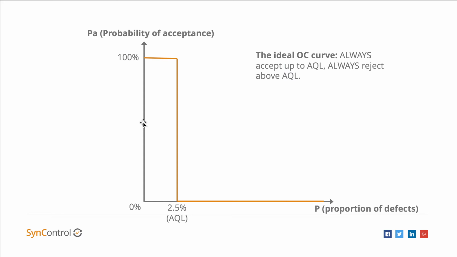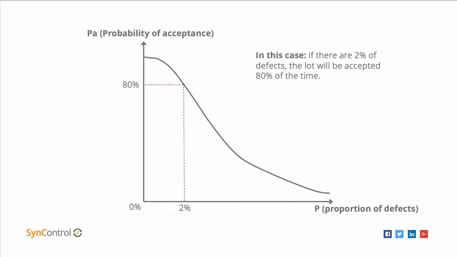Ideally, if let's say your limit is 2.5%, I don't want more than 2.5% of defects in a batch, it would look like this: 100% certainty that it will be accepted if it's under the limit, and then 0% probability of acceptance if it's above the limit. That would be perfect. You get 2%, for sure it's accepted, you get 3%, for sure it's rejected. Okay. Unfortunately, this is possible only if you check 100% of the goods and if your measurements are perfectly done and on and on and on.